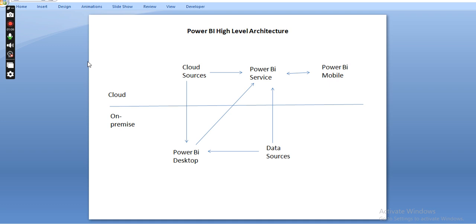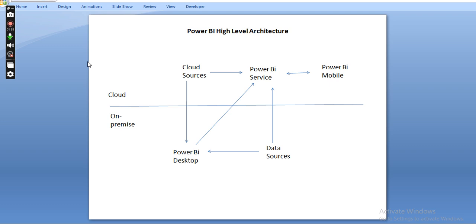They are usually stored on our computer, so they are mostly considered on-premise. Of course, you can save them in OneDrive or other sources, and then they could be considered cloud. Once the data is loaded into Power BI Desktop, we spend a lot of time working with it. We clean it up, transform it, build data models and create reports.